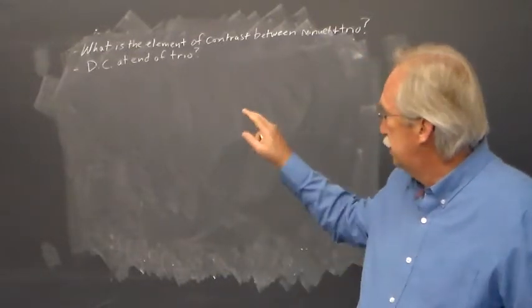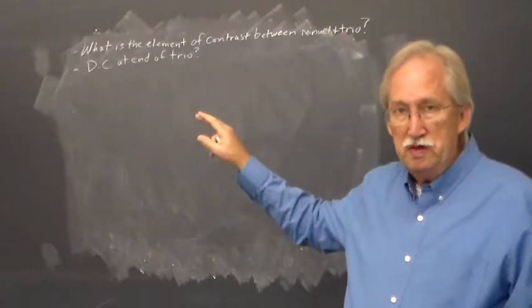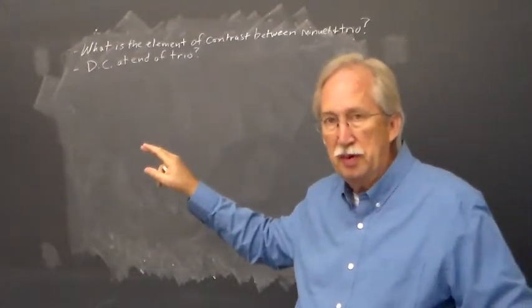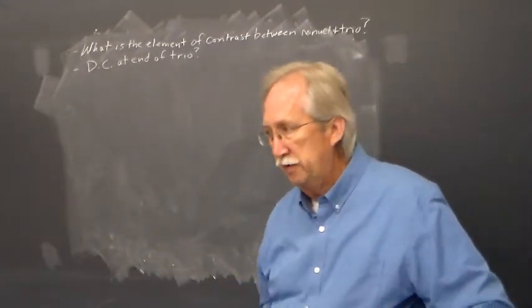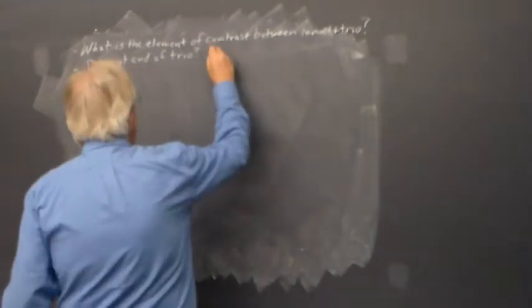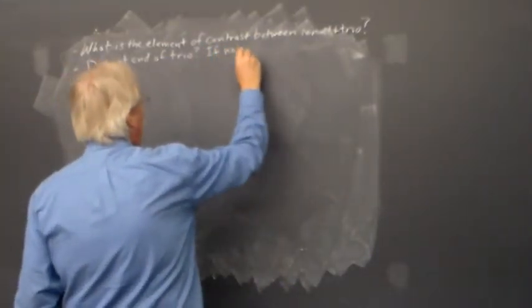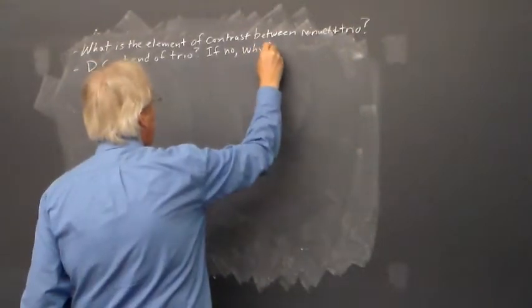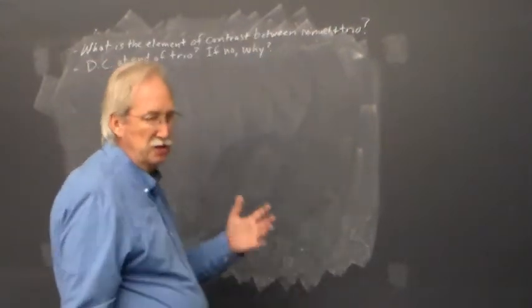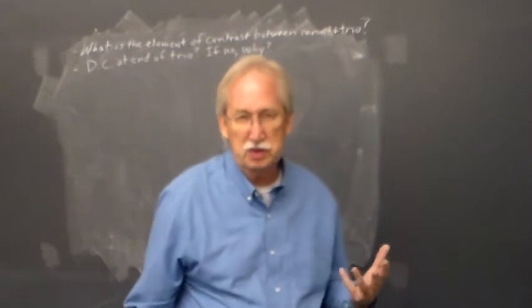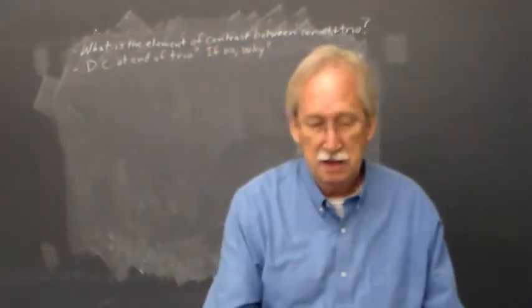Now, if the composer doesn't do that and doesn't have a da capo, then you want to ask yourself the question, why? It will have to do with something that the composer is going to change on that repeat.